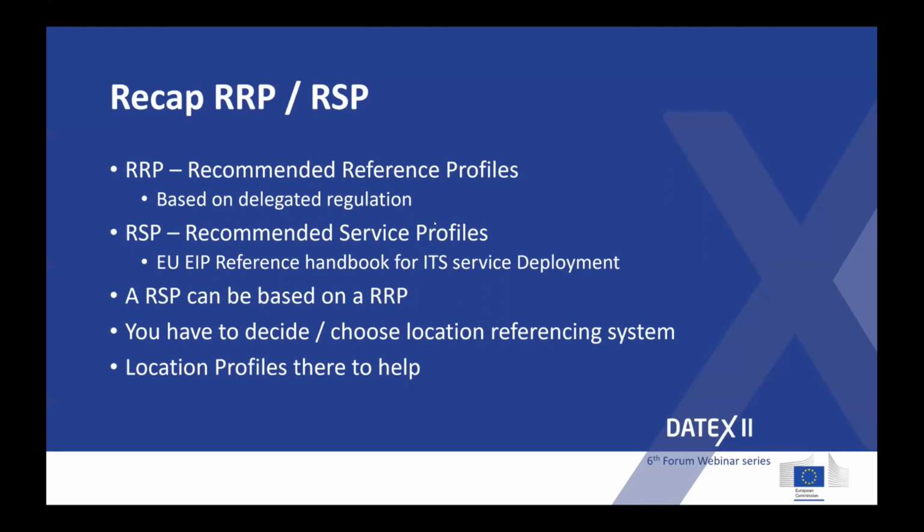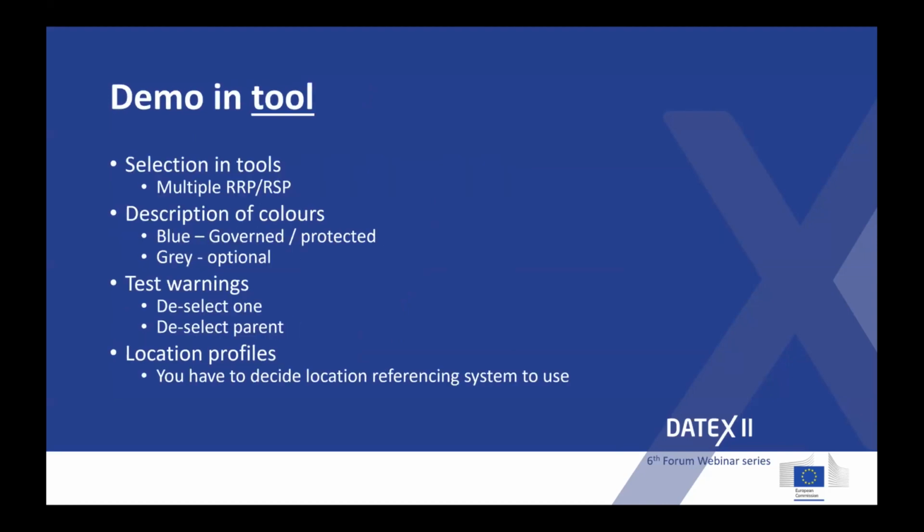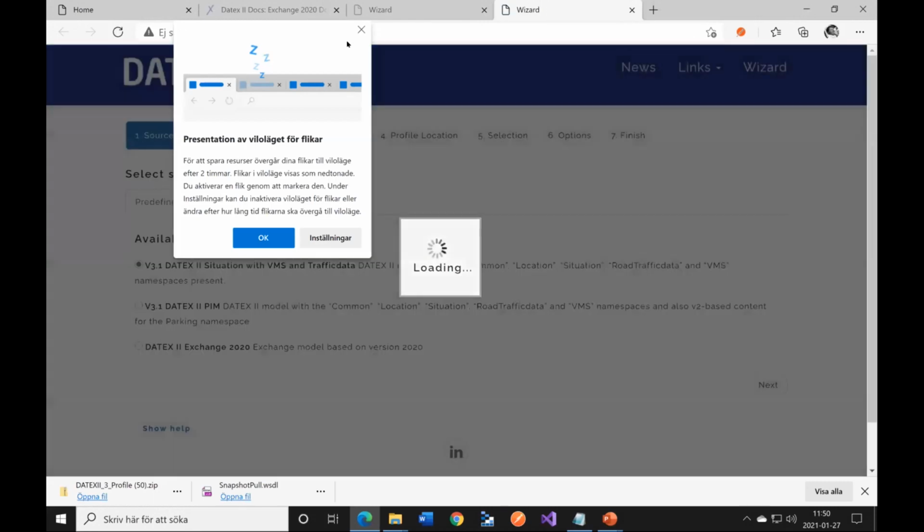For all these profiles, you always have to decide or choose your location referencing system. And for that, we have created, as Bart showed you, the location profiles that can be used to help you do this selection in an easy way. So I will do a little demonstration of this in the web tool.